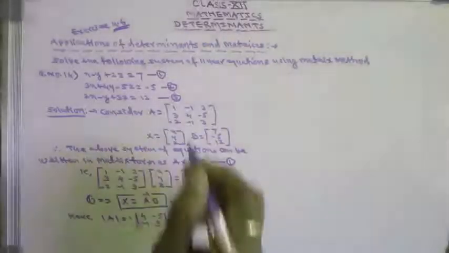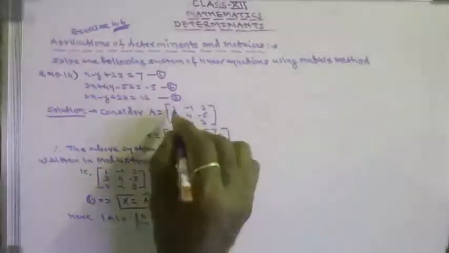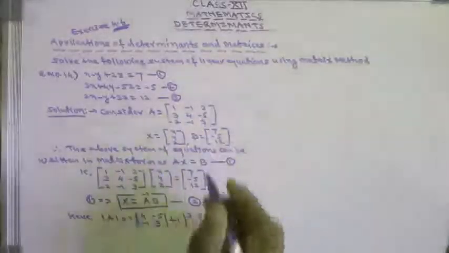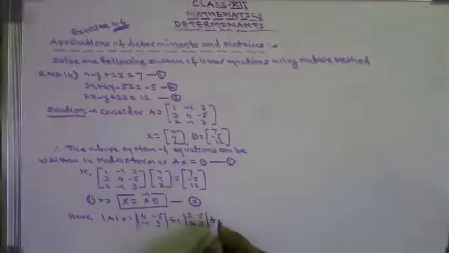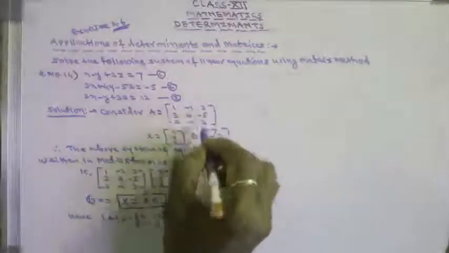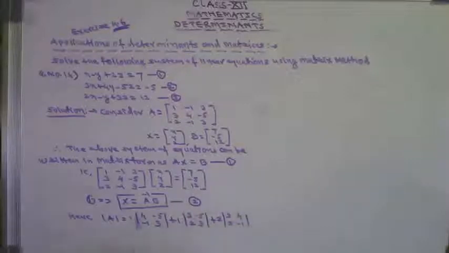Then minus of minus 1, that is plus 1 into, leave this row and this column, 3 minus 5, 2 3, plus 2 into, leave this row and this column, 3 4, 2 minus 1.